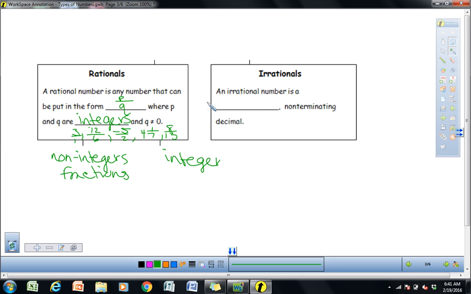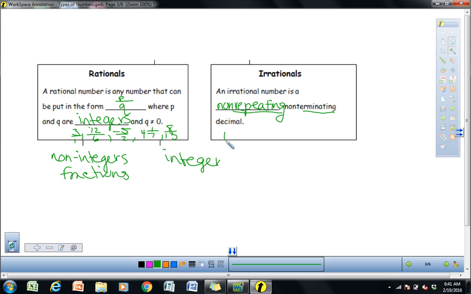We also have irrational. An irrational number is a non-repeating, non-terminating decimal. What that means is that the decimal never ends. That's what non-terminating means. And non-repeating means that the decimal doesn't repeat.